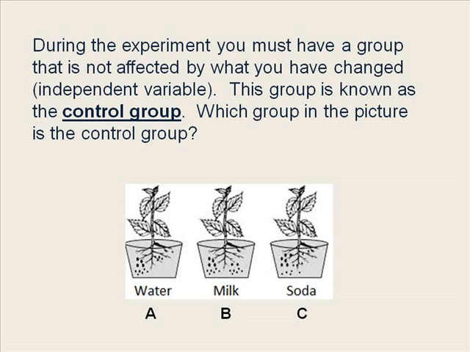So in this picture, which one of these plants is the control group, the group that is getting the normal conditions? If you said Group A, you are correct. Group A is getting the water, which plants normally get when they're growing outside.